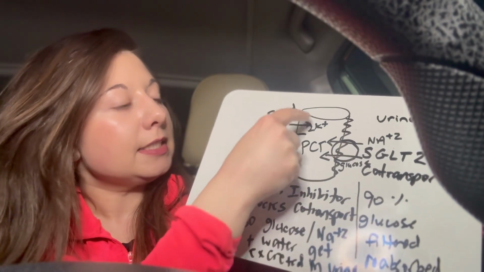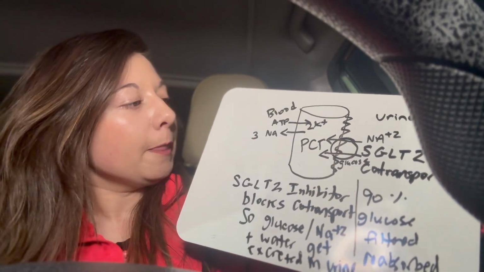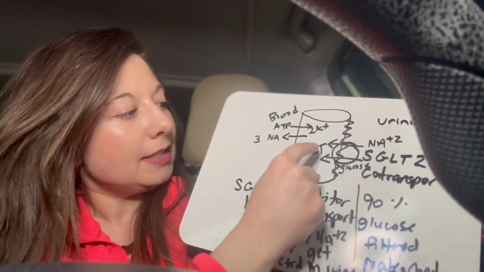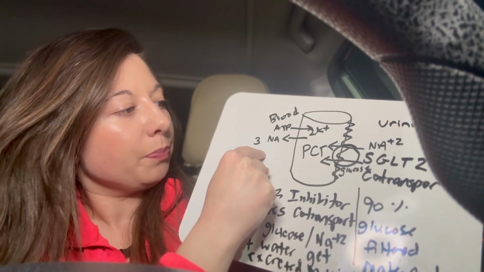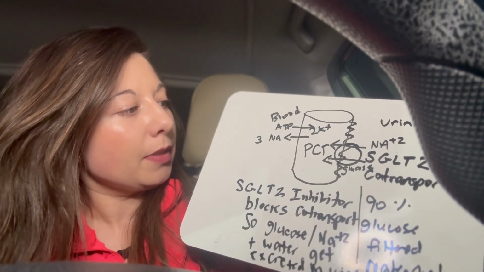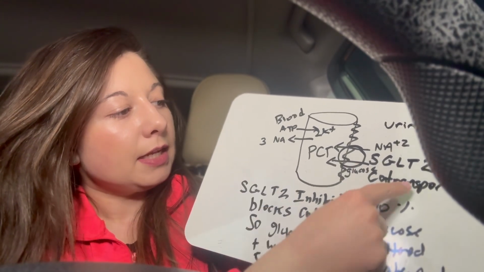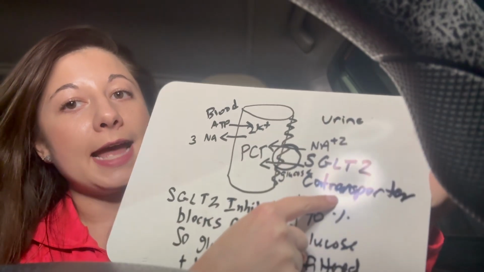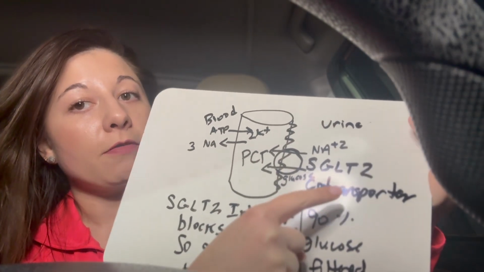Now, this creates a gradient. So basically what that means is there is less sodium inside the cell than outside the cell, and vice versa for the potassium. So because of this gradient, that's how this SGLT2 co-transporter is then able to function.